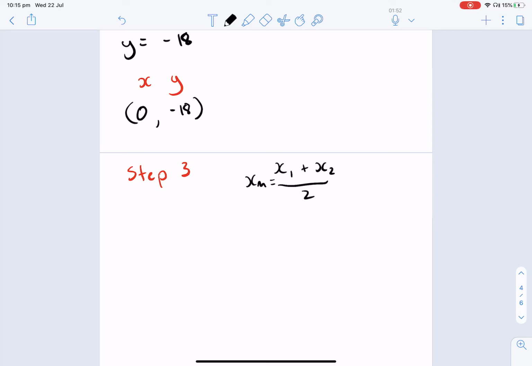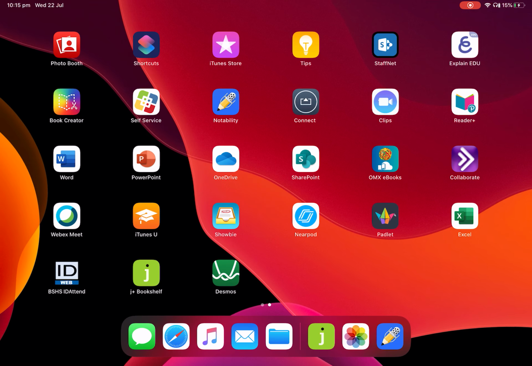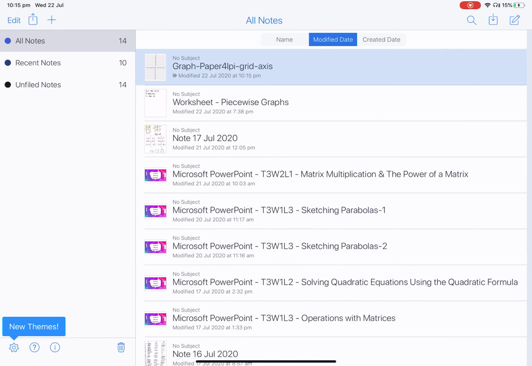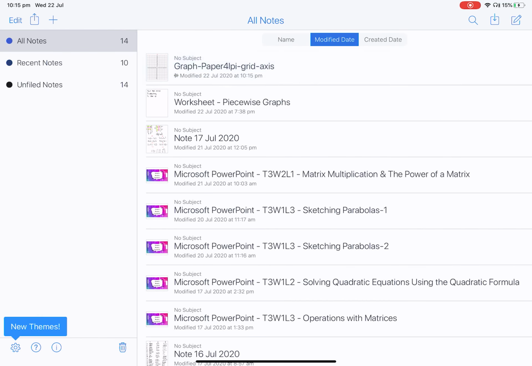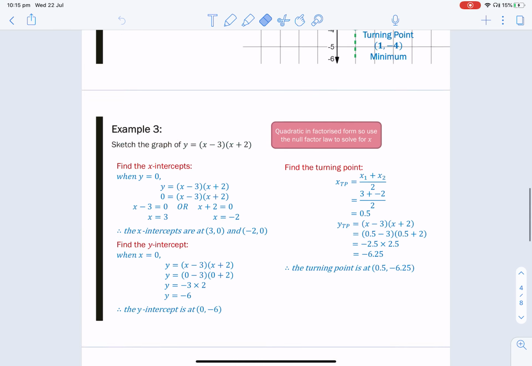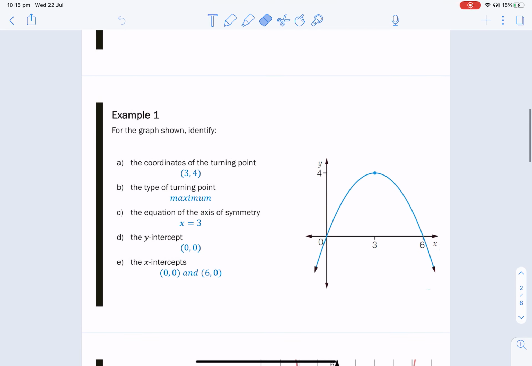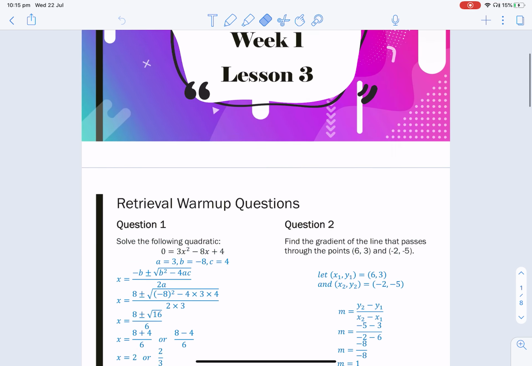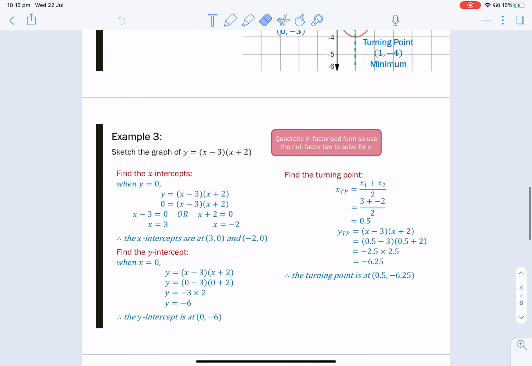We could use this, that would be completely fine. The other option is to use our turning point formula, which we learned about in class. Just quickly switch over to that so you guys remember what I was talking about. Our turning point formulas. This turning point formula here, guys, is what I'm talking about.